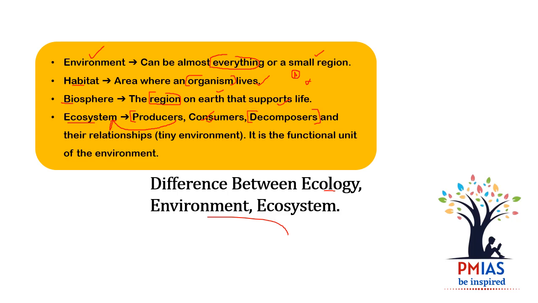Once the producers or consumers die, then decomposers come into the picture, that is microbes or very tiny organisms, bacteria, fungi, etc. The producers, consumers and decomposers are known as the functional unit of the environment. It is mandatory for the earth to survive.